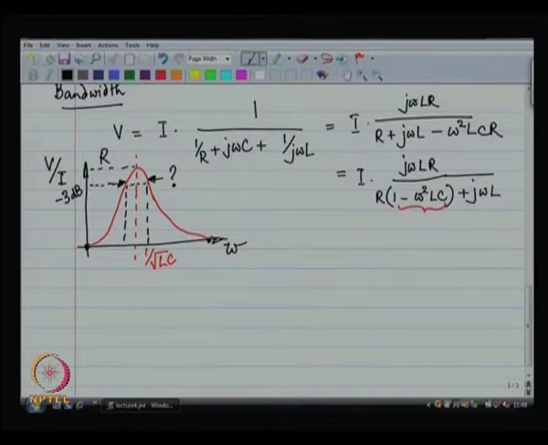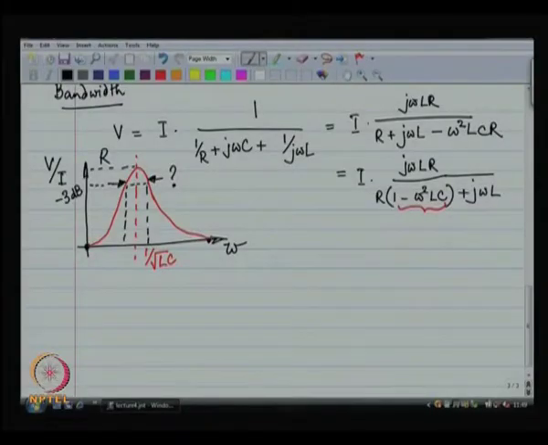You probably have already done this in your control theory or earlier circuits classes, so we won't spend too much time. One can show that this bandwidth, let us say this is omega 1 and this is omega 2, omega 2 minus omega 1 is going to be equal to 1 by Q times omega naught.